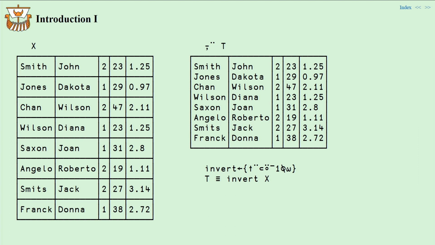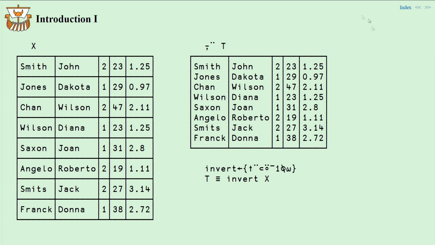Sometimes, and in particular in this presentation, we call a table a verted table to more clearly distinguish it from an inverted table. So X is a verted table, and T is an inverted table.